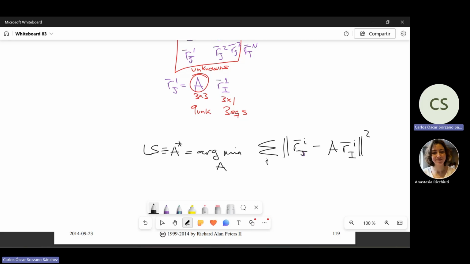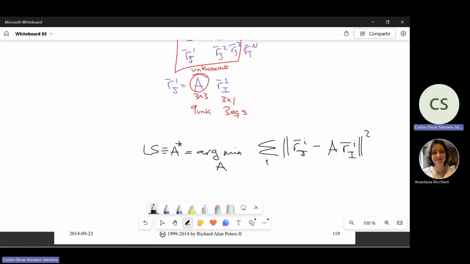So for every color I go through the transform and I get to the color J. And ideally, if the whole system is consistent, this difference will be zero for all colors, for all pairs. But in general, it will not be zero. But then what I want is that at least the norm of that is as small as possible. So this is what I want.